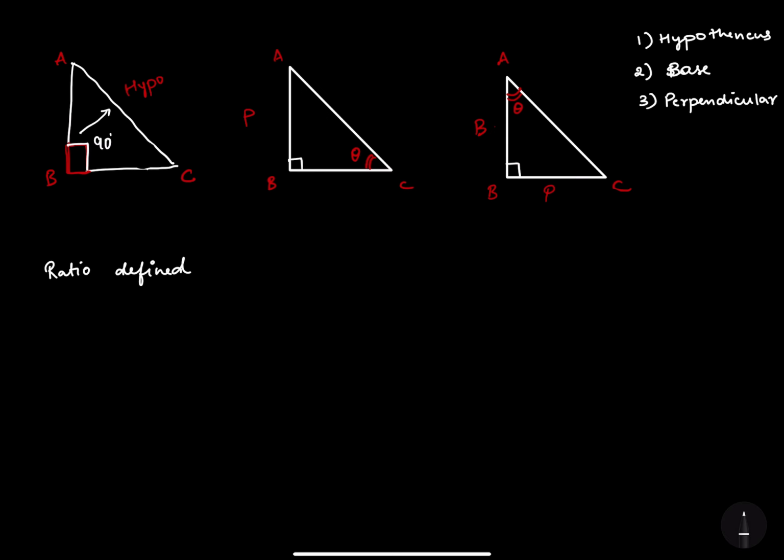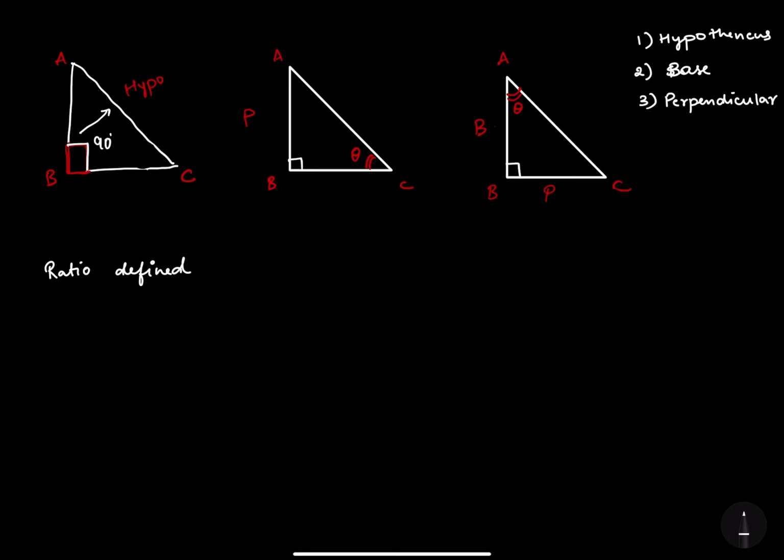Again, in the other triangle also, AC would be your hypotenuse side. Now, AB and BC: which one is base and which one is perpendicular? This depends on your angle in the triangle, or basically how you see the triangle.